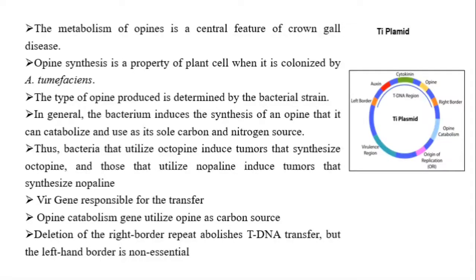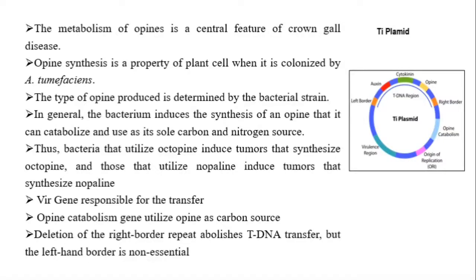If a bacterium produces octopine and induces a tumor, that bacterium can catabolize and use octopine as a carbon and nitrogen source.